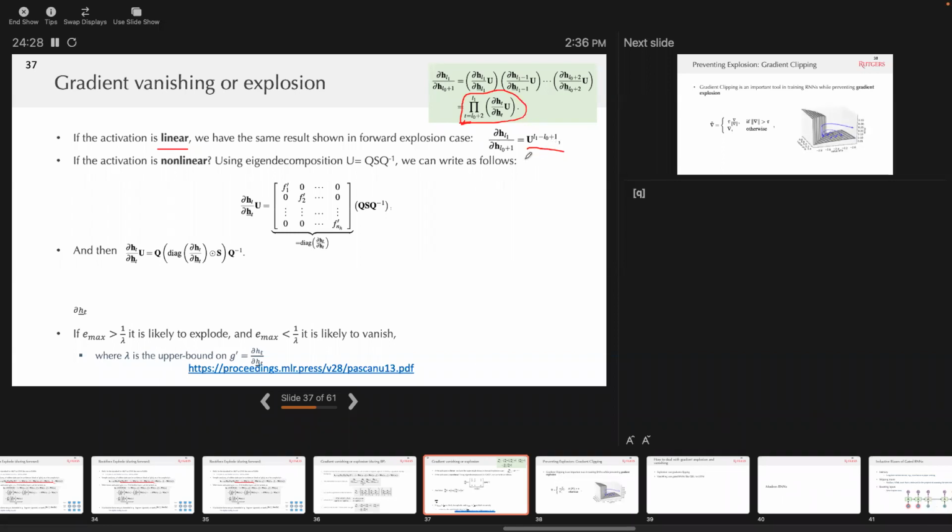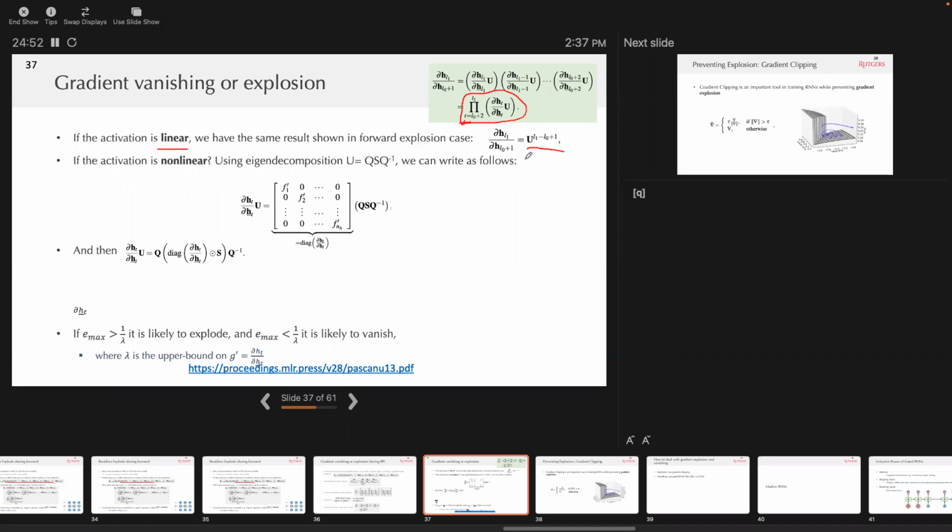And you can see that this is very similar to our analysis of gradient explosion and gradient vanishing in our multi-layer perceptron. So if U is too large, and you have a lot of steps, you're going to get gradient explosion.